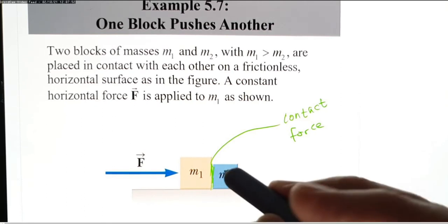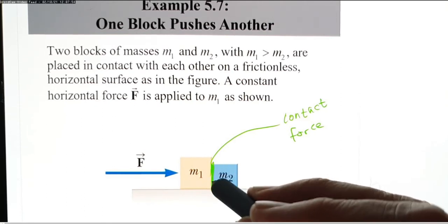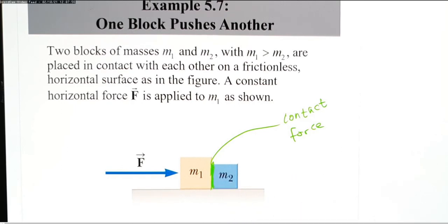The contact force is the force between the two objects. So we have two objects attached to each other and we apply a force on object number 1. The question is, what is the contact force between M1 and M2? You are not pushing M2 directly. You are pushing M1 directly and M1 is pushing M2.